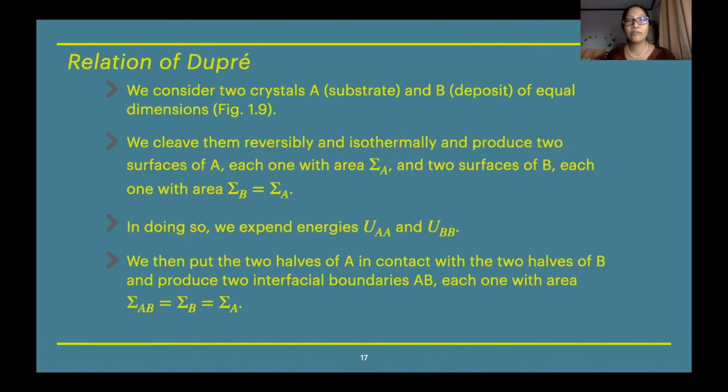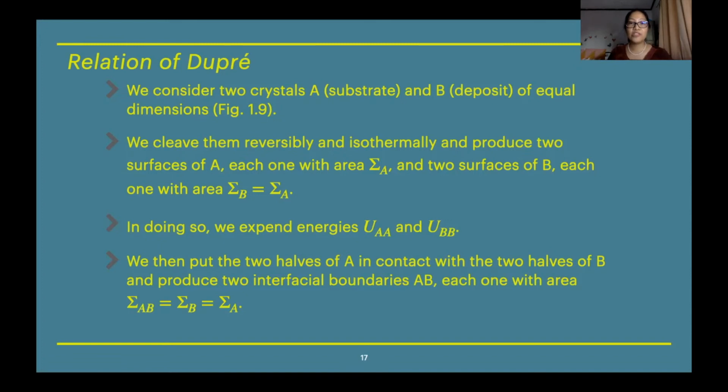Now, the relation of Dupré. This is the imaginary experiment. So we consider two crystals, A and B, representing the substrate and then the deposit, respectively. They have equal dimensions.